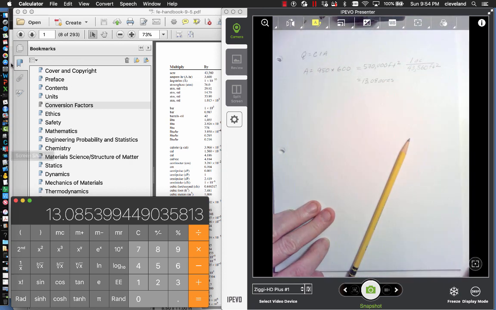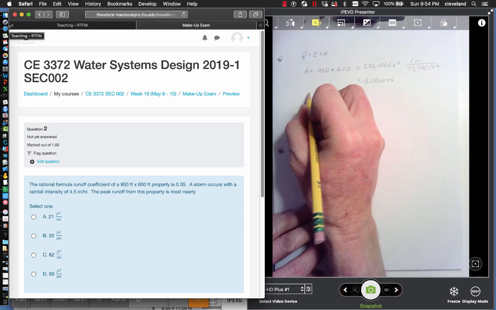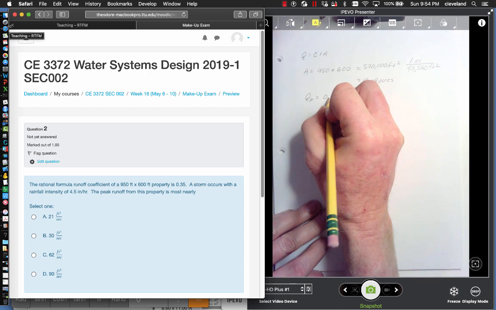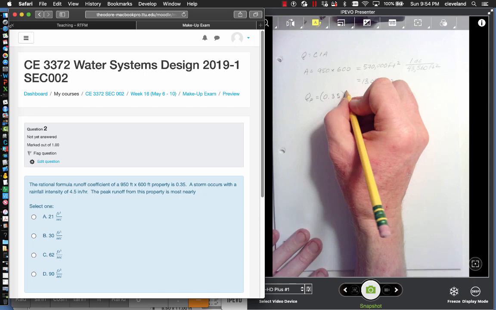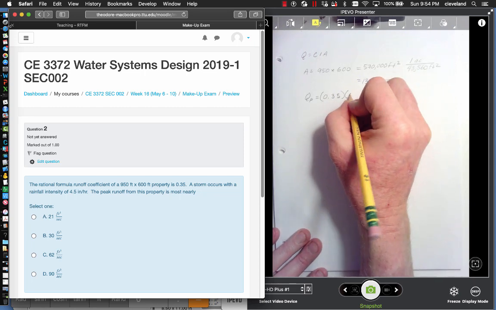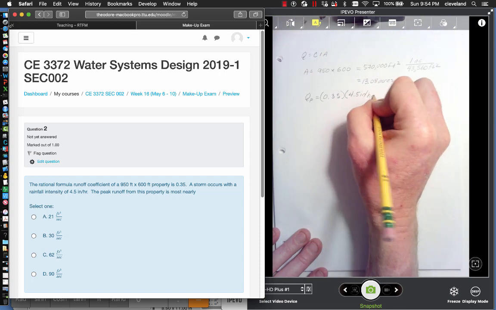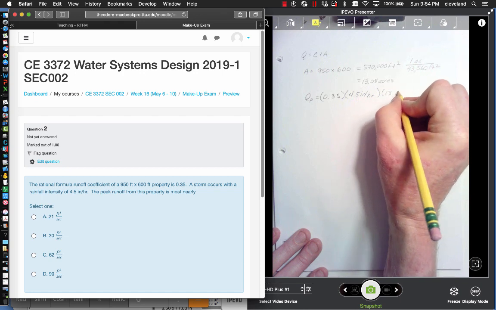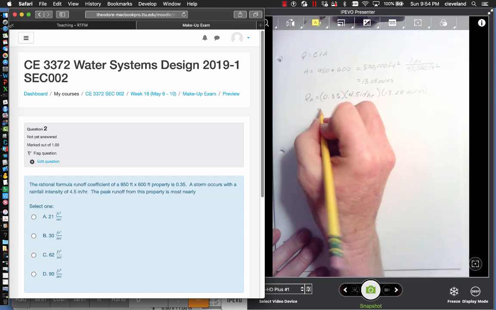We now can probably complete the problem. Let's return to the question. We have the runoff coefficient, we have the intensity, so QP equals runoff coefficient 0.35 times the intensity, 4.5 inches per hour, times the area, 13.08 acres. Perform the indicated arithmetic.